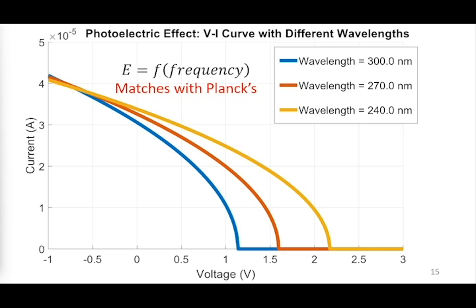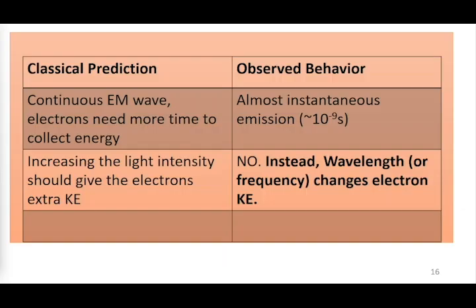So the electron energy is now a function of frequency. This matches with Planck's conclusion that was made in 1900, which I will be going into in depth a little bit later. So the wavelength or frequency changes the electron kinetic energy.